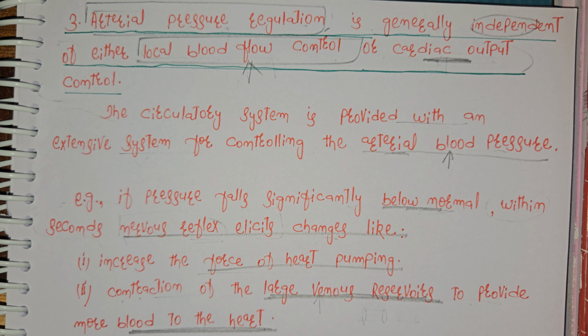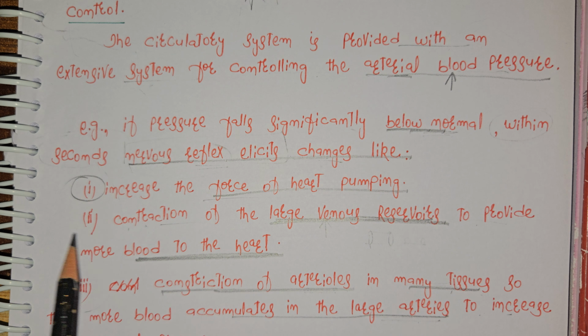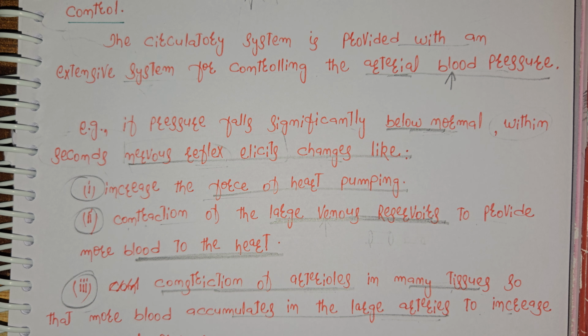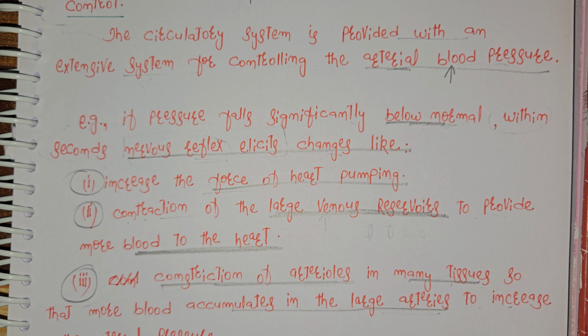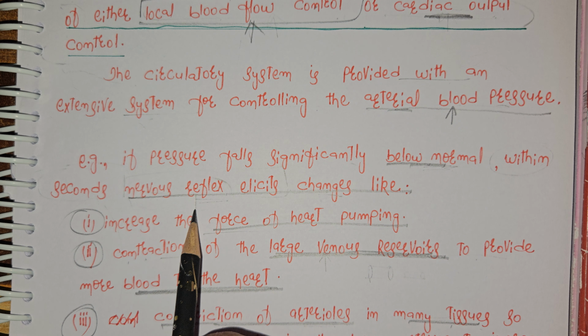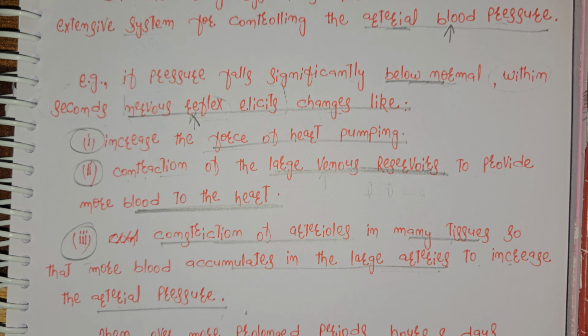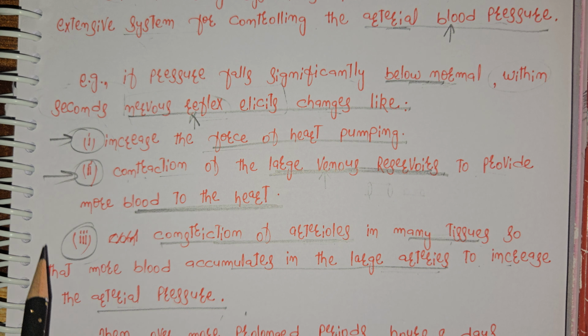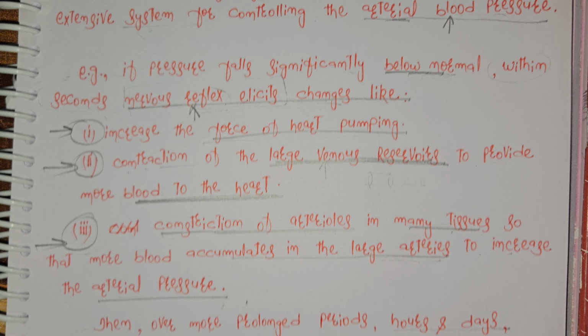So when the arterial blood pressure falls, with the help of these three mechanisms the nervous reflex, within seconds, maintains arterial pressure back to normal.